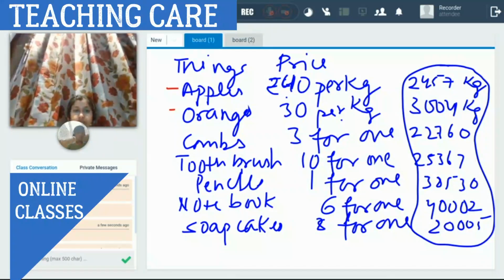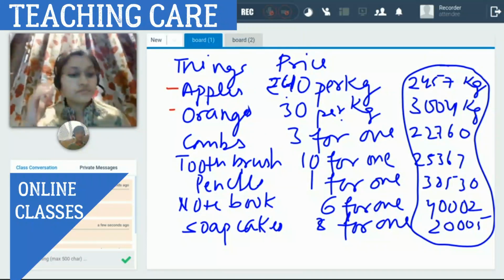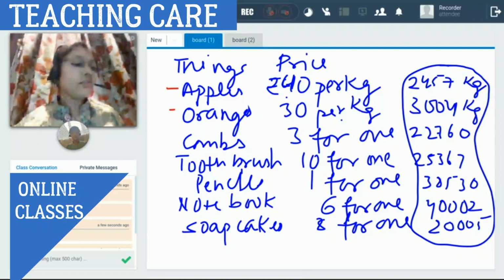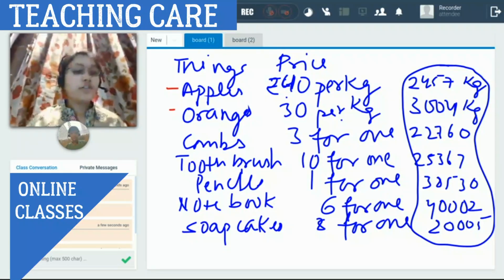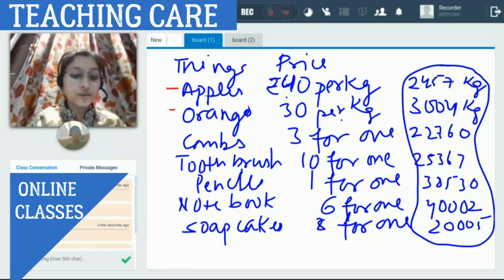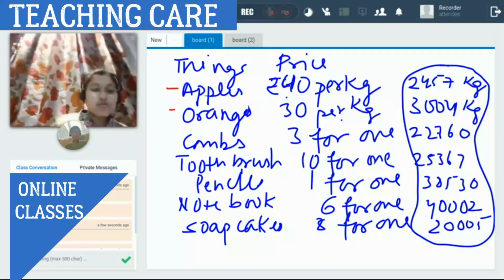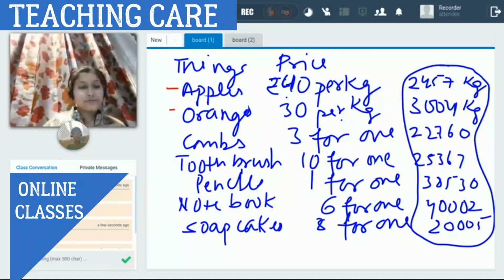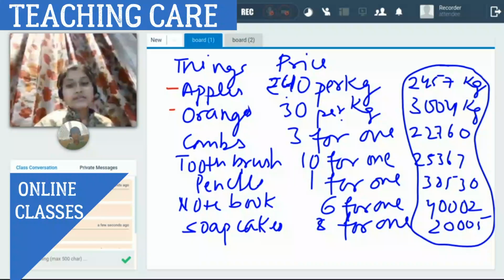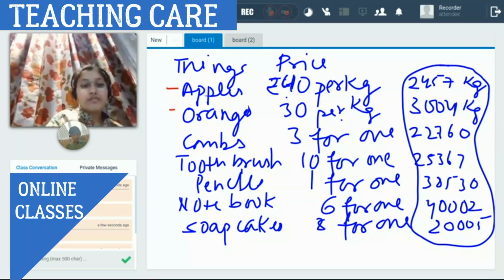So I was asking about the total quantities of apples and oranges sold during the last year. Which quantities will I add up? 40 rupees and 30 rupees? This is the amount. 40 and 30 rupees are amounts.